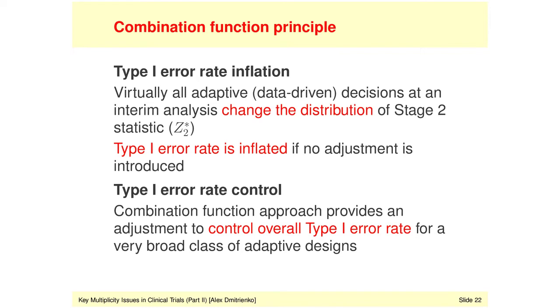So if we simply go ahead and analyze the data at the final analysis using the standard test statistic Z2, the overall type 1 error rate will be inflated. To control the error rate in an adaptive trial, the test statistic used at the final analysis must be properly adjusted, and this is exactly where the combination function principle comes in. The combination function approach provides such an adjustment to protect the overall type 1 error rate in an adaptive trial, and this principle is applicable to a very broad class of adaptive designs.